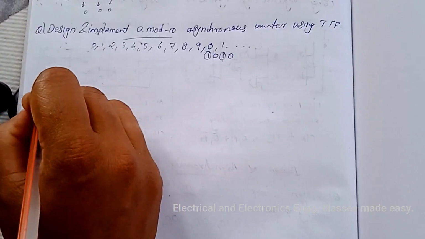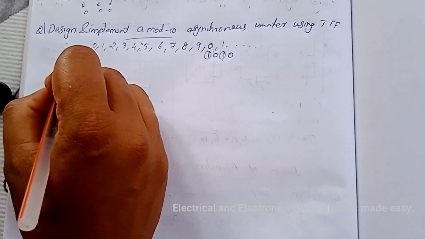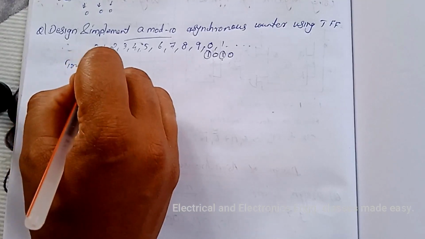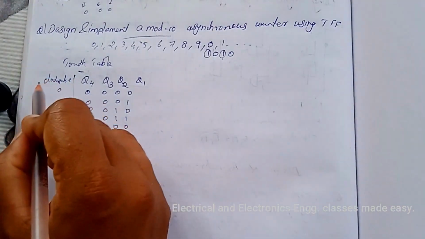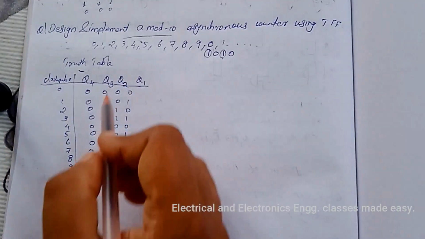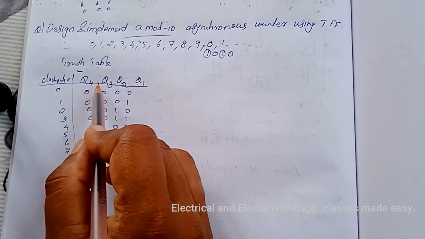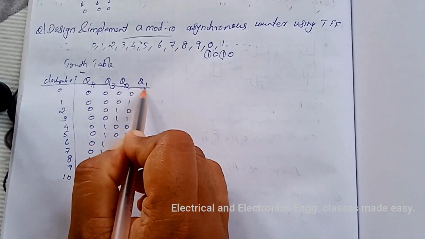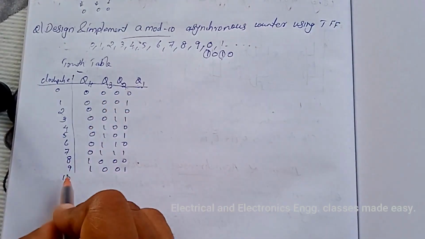So first of all, write the truth table. So this is the truth table, and here we require 4 flip-flops. So these Q4, Q3, Q2 and Q1 are the 4 outputs of the 4 flip-flops.